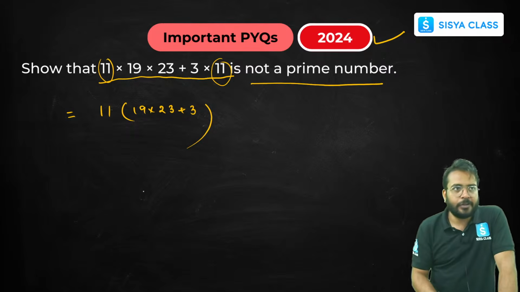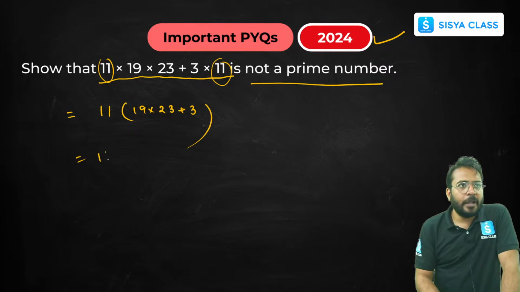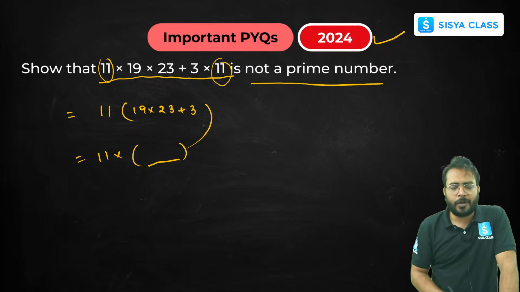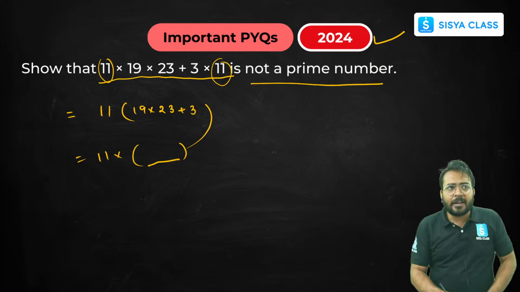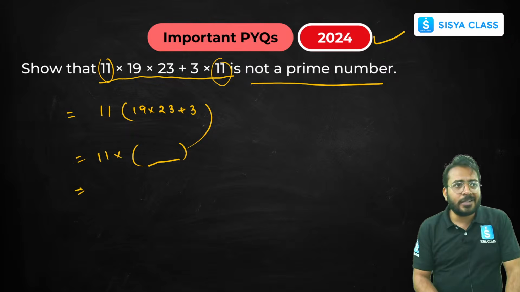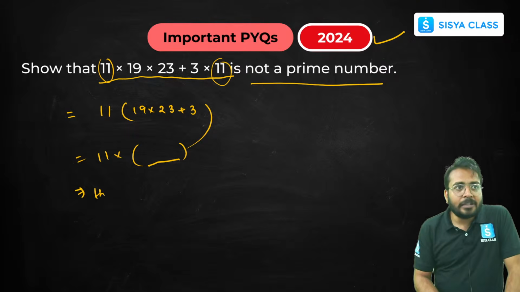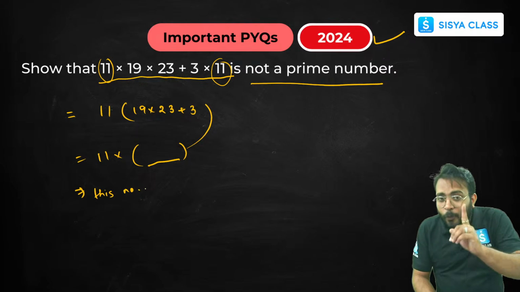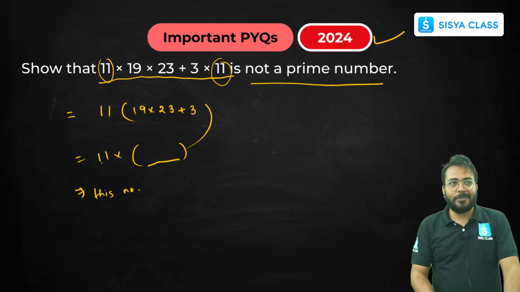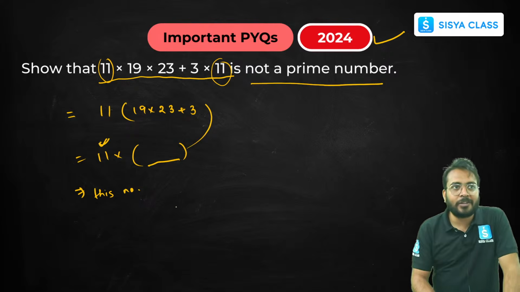That means it is going to be 11 into something; you can multiply and see what you are getting. From here we can say that this number has at least one extra factor, that is 11. Yes or no?